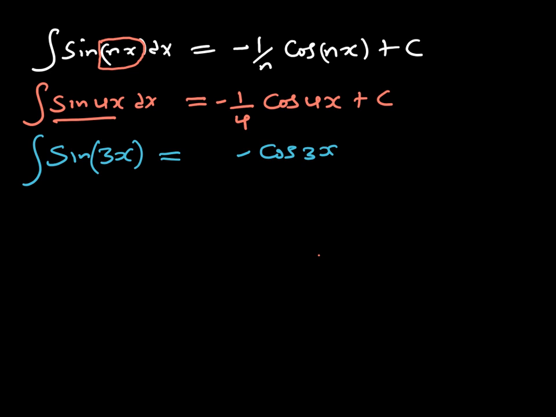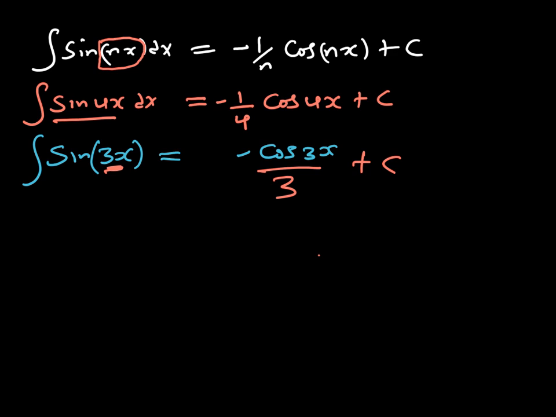Then let me go ahead and differentiate the angle here. If I differentiate 3x, I get 3. So I divide by that derivative, then plus c. So you can always write these answers very fast. But if you don't want to write very fast, you can always make use of a substitution like u to stand for 3x, and then go ahead and change variables, and you'll have the answer so fast.